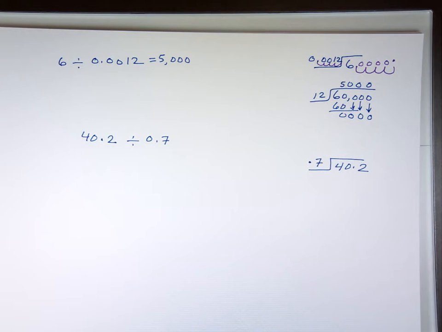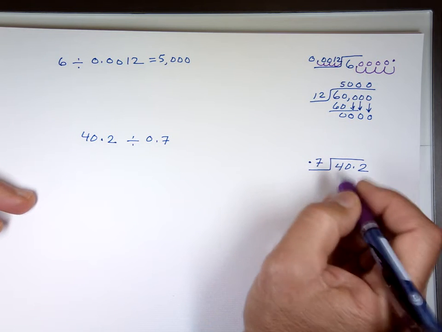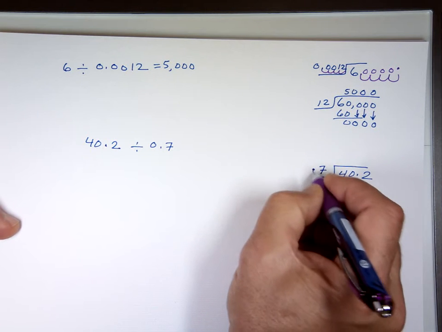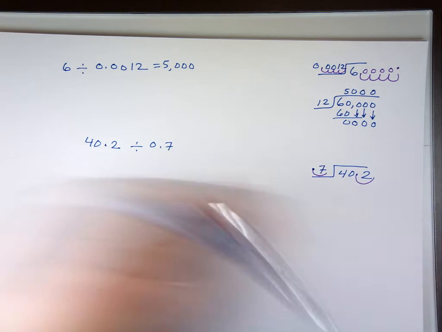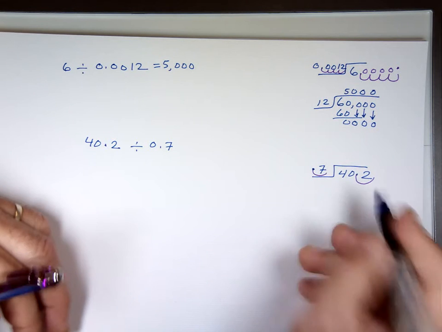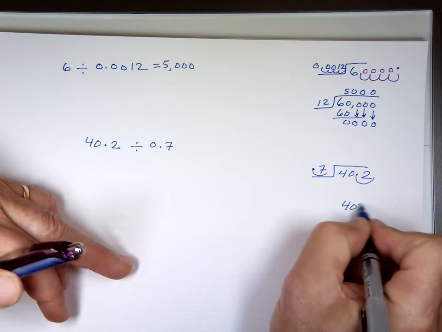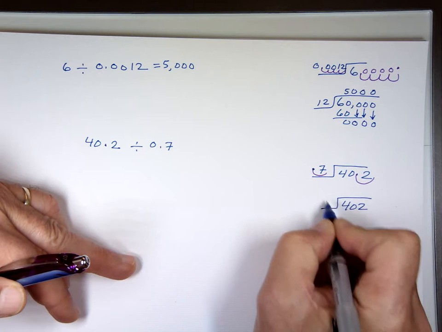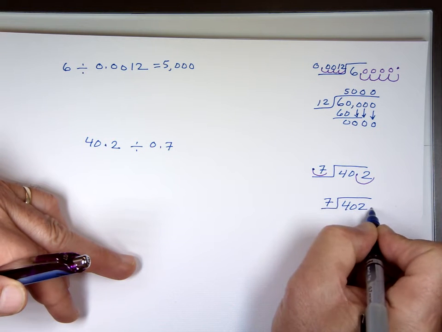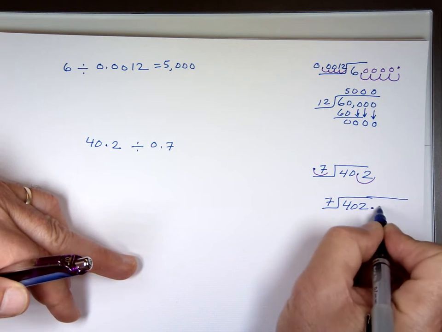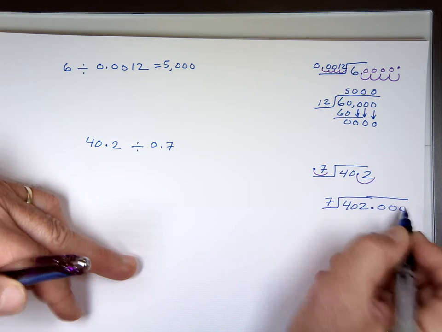What should we do first? Move the decimal point how many places? 1. So that becomes 402 divided by 7. Again, my decimal point is here. And if I need zeros, I don't know if I need them or not, I got a lot of them.